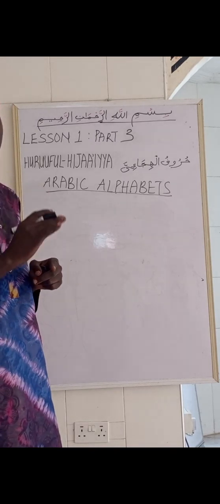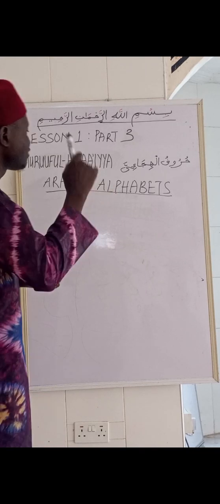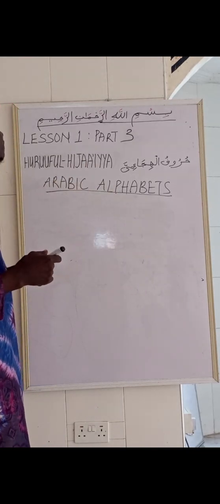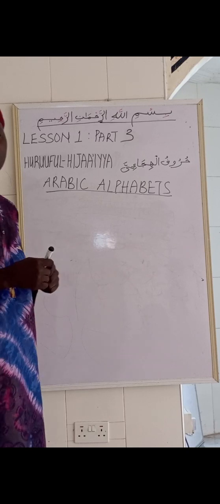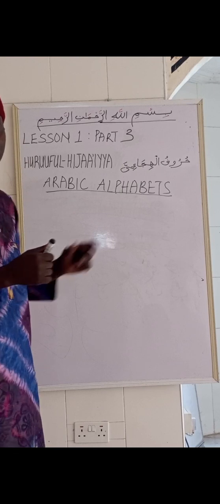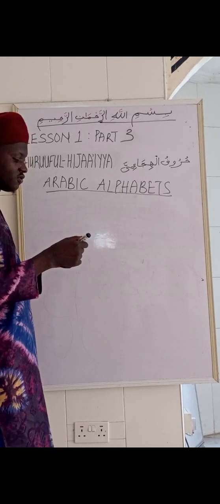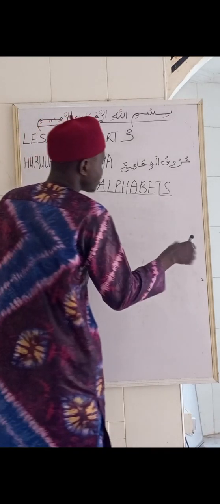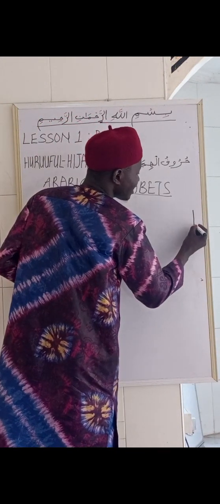You will be reciting the Quran perfectly. So this is part 3 of our lesson. We are going to look at the next 7 alphabets after the first 14 we have looked at. But quickly, let's revise those 14 alphabets.